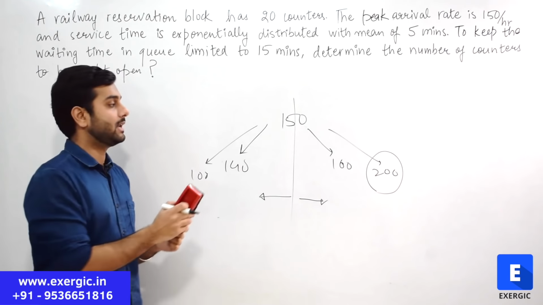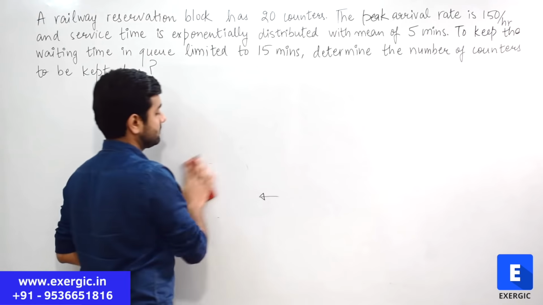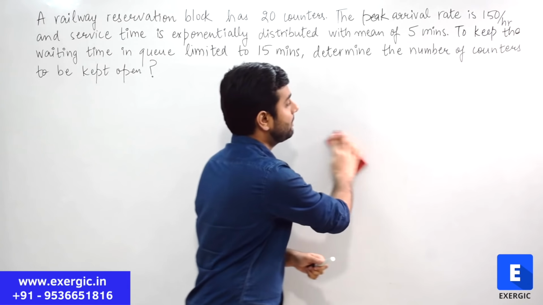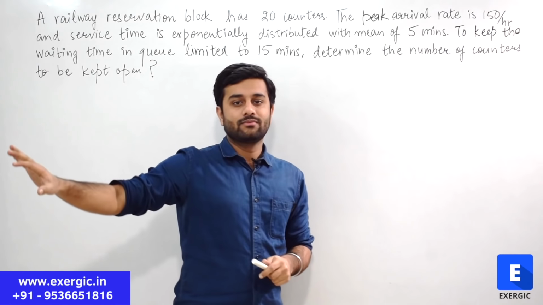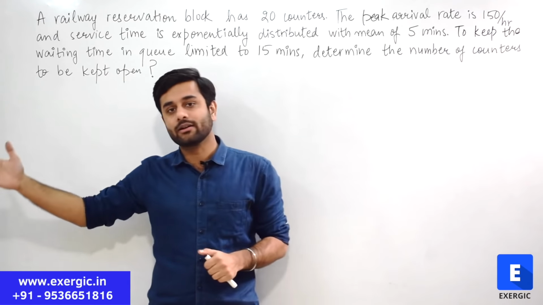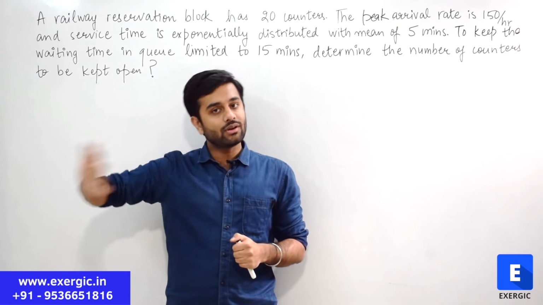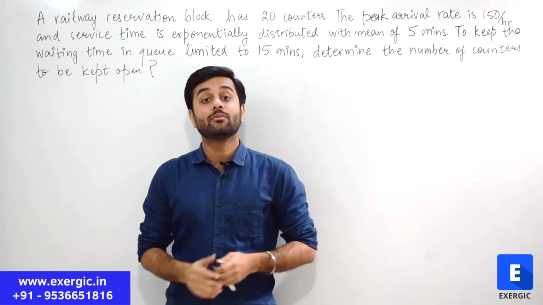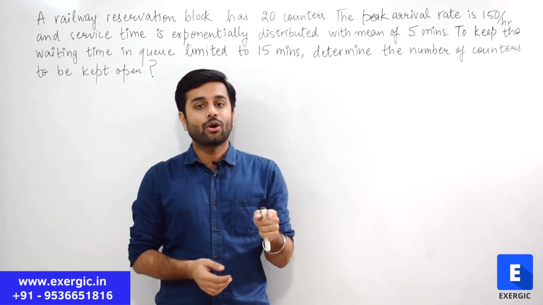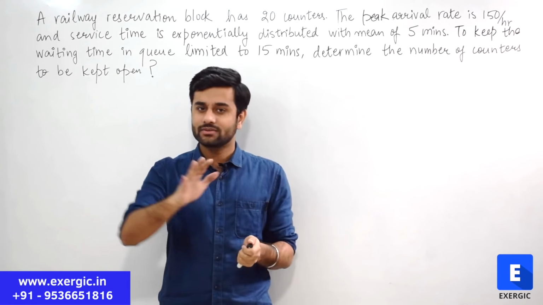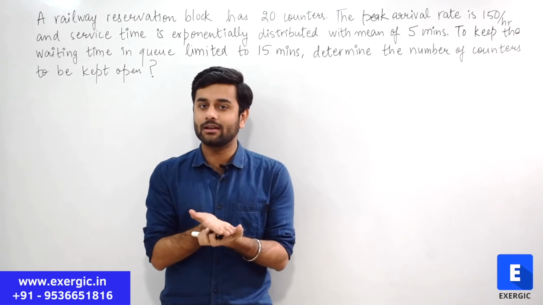So if you get a question like this where two different values are given, the mean arrival rate and the peak arrival rate, then for the other calculations that we have already done, the average number of people, the probability of this and that, the mean value will work. But to find the exact number of counters, the mean value will not be a safe design, right? We have studied design, machine design. This is the basic fundamental of machine design, right?